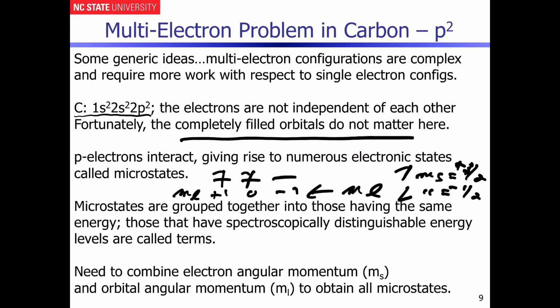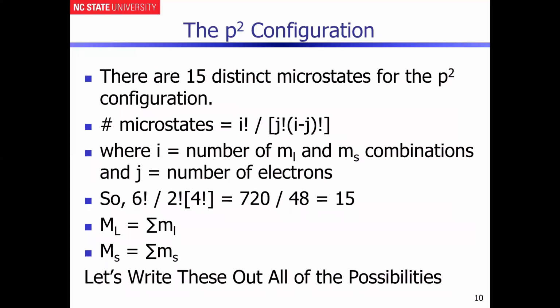So you're going to see that this all has consequences to the different electron configurations that you can write and their respective energies. So let's figure out how to do this. The big answer is that there are going to be 15 distinct microstates for the p2 configuration. We're going to write them all out on the next slide.